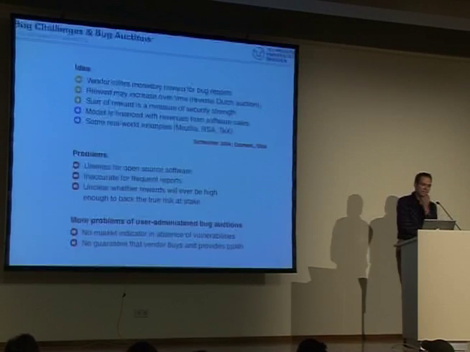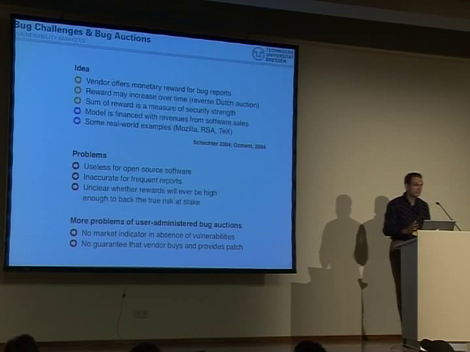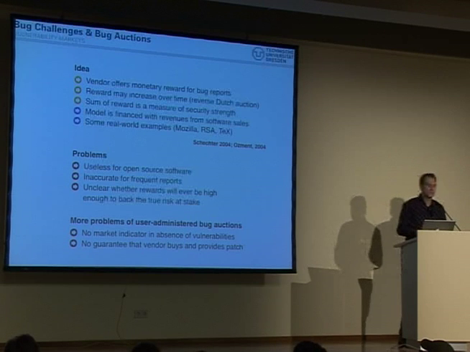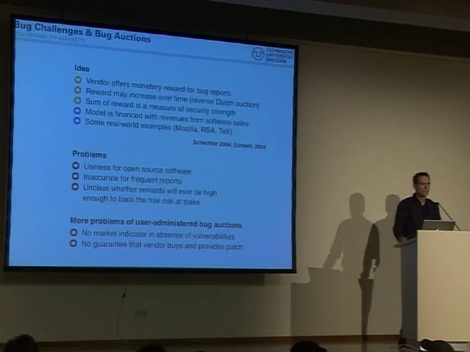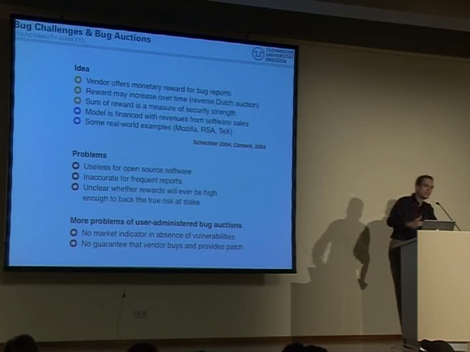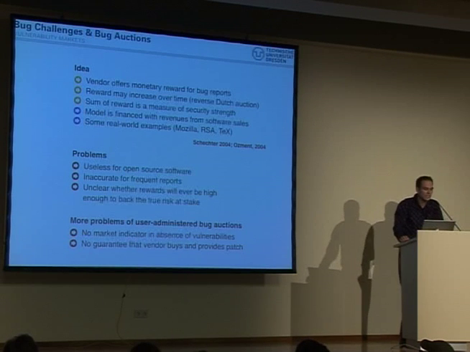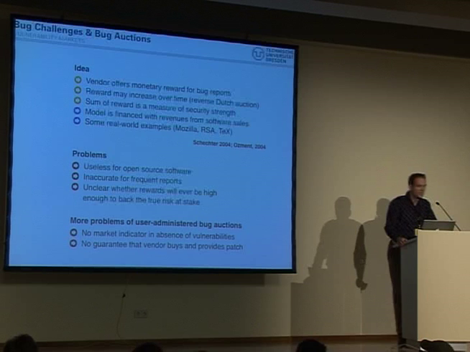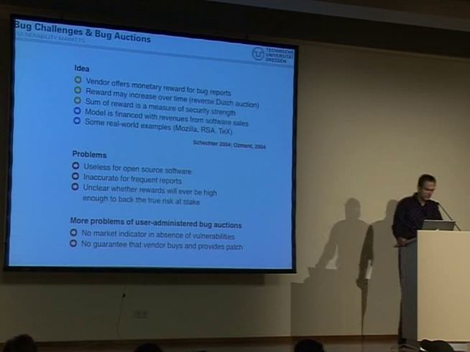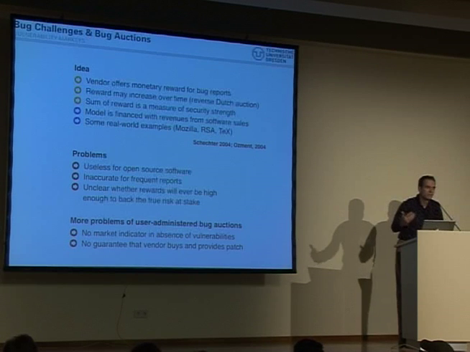The idea behind this vulnerability market is that the vendor, the software vendor, offers a monetary reward for bug reports. And you can install this market in a way that you start with a very low reward and increase it over time. So then you can formulate it in terms of a reverse Dutch auction. That's what Andy Ozment once suggested. And in addition, the sum of the reward at a certain point in time is a measure of the security strength of the software.